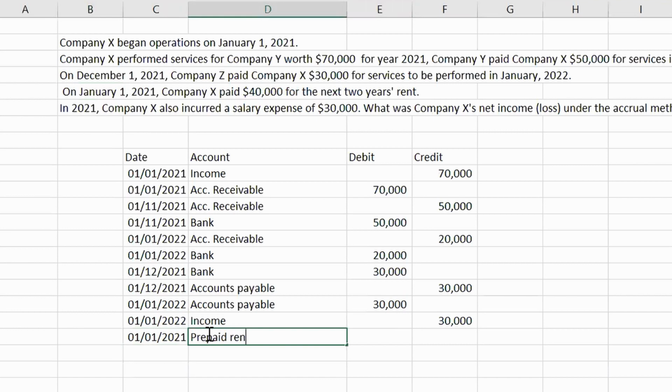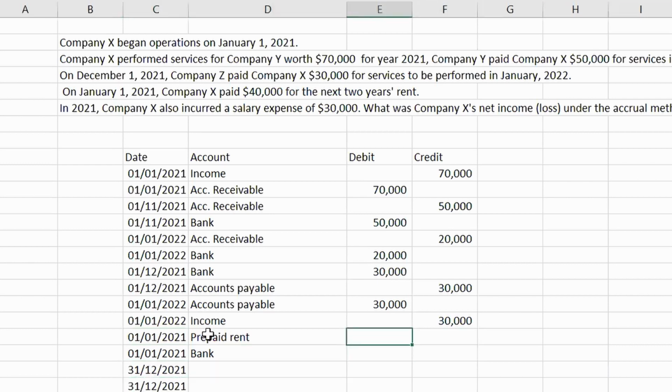Excellent. Prepaid rent versus bank. Perfect. But that's it? You debit prepaid rent and credit bank. Okay, let's do it until the final day in order to report. So you have prepaid rent for 40,000 and bank for 40,000.